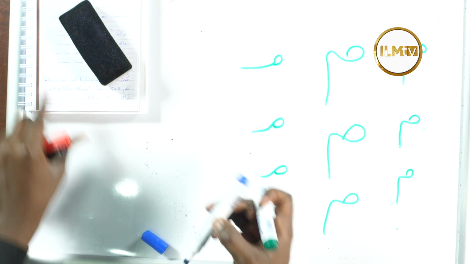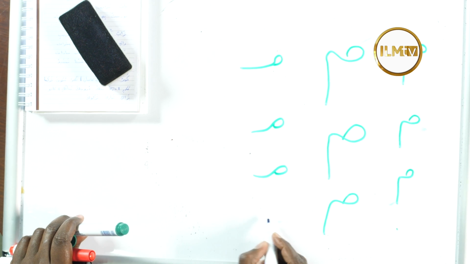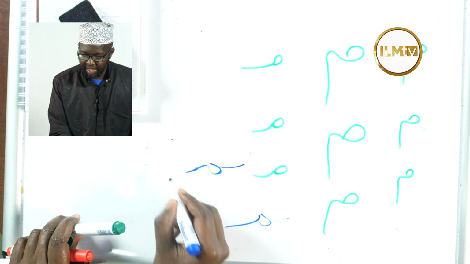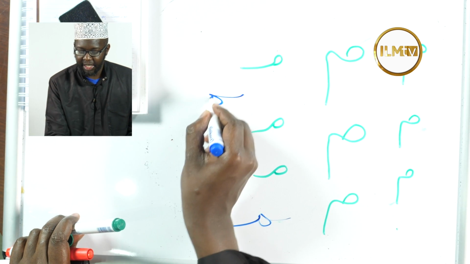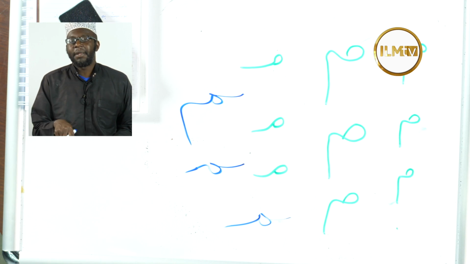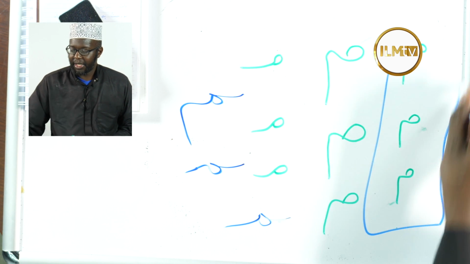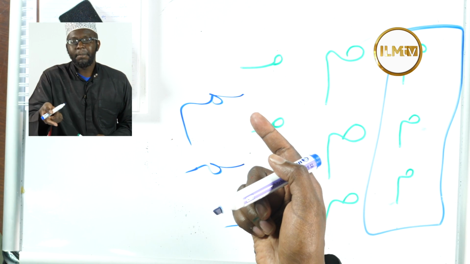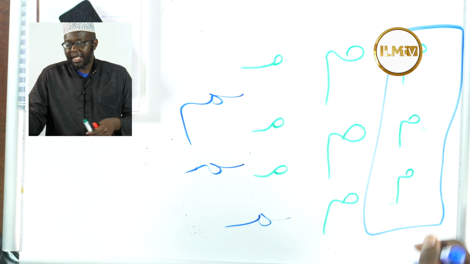And then there is another form which goes like that, or like that. Now this is what we come to do after the break. For now, practice this one. Practice until when you come back after the break, you should have been practicing enough.